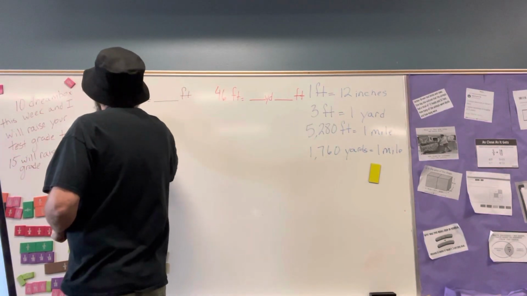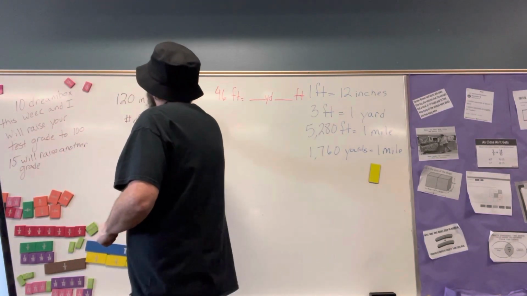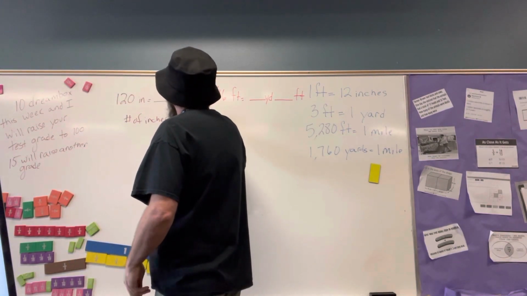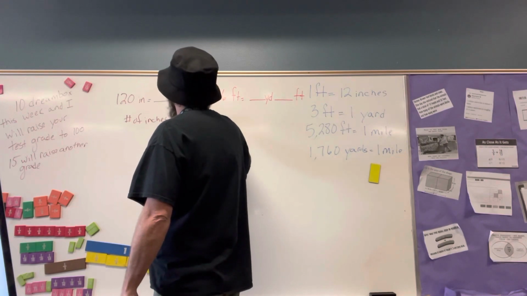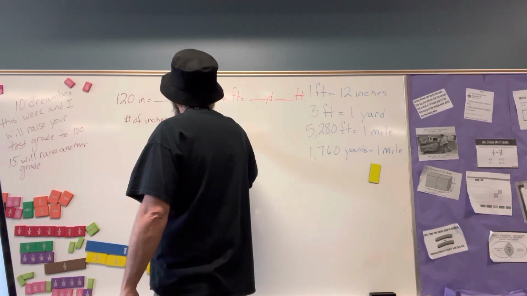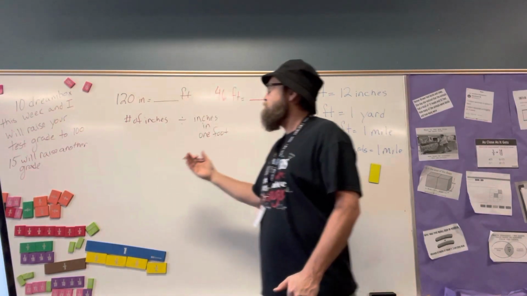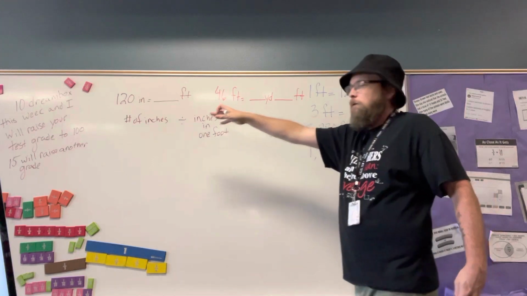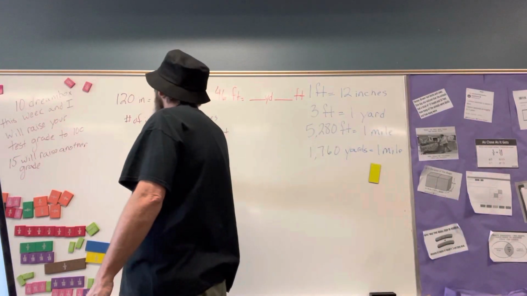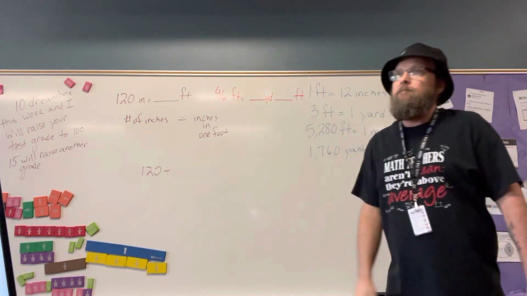We have the number of inches divided by the number of inches in 1 foot. How many inches do we start with? 120. We divide by how many inches in 1 foot, Sam?